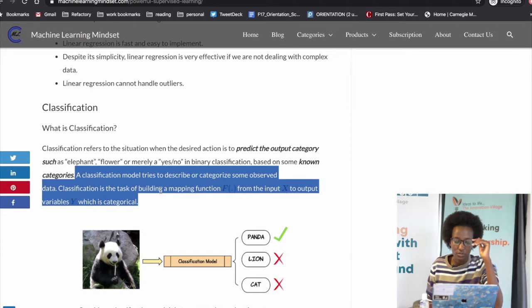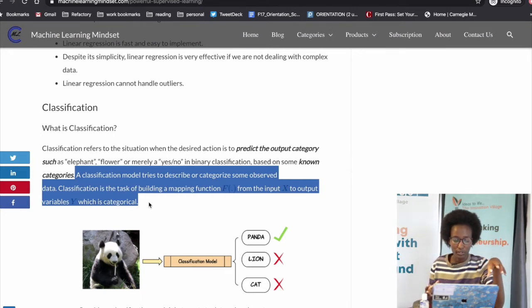So a classification model tries to describe or categorize some observed data. Classification is the task of building a mapping function from the input x to the output variables y, which is categorical. Like in regression, we looked at linear regression, which was just doing a linear combination of the independent variables to determine the quantity of the dependent variable.